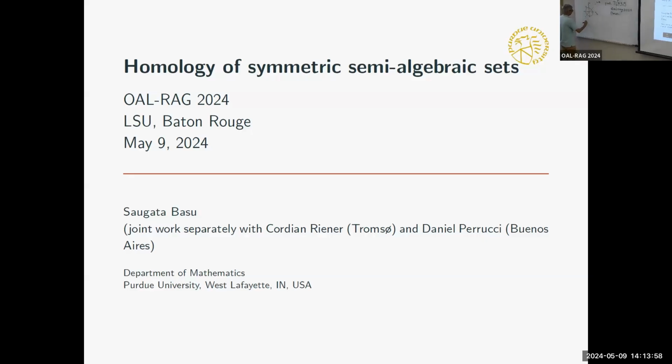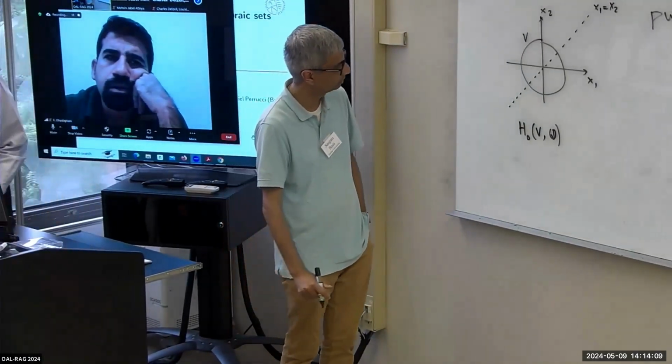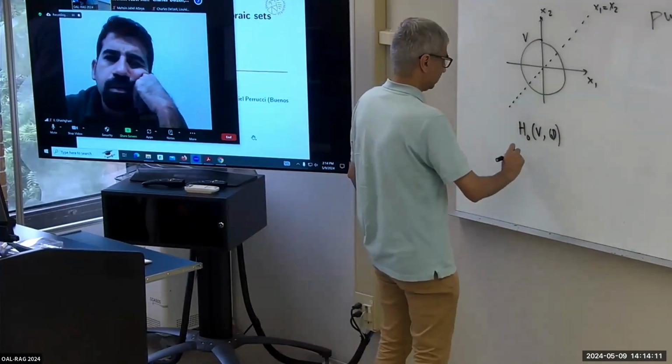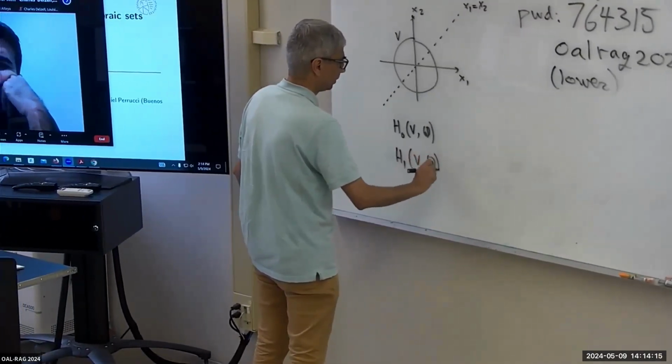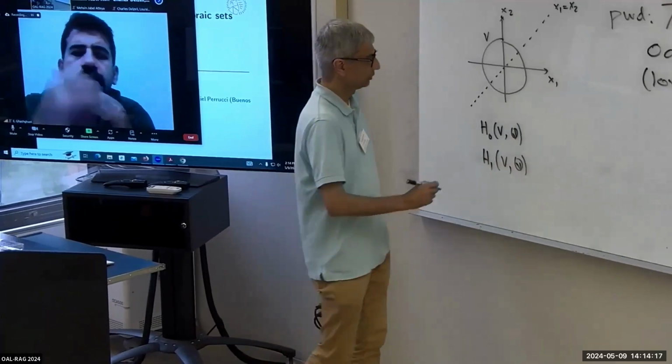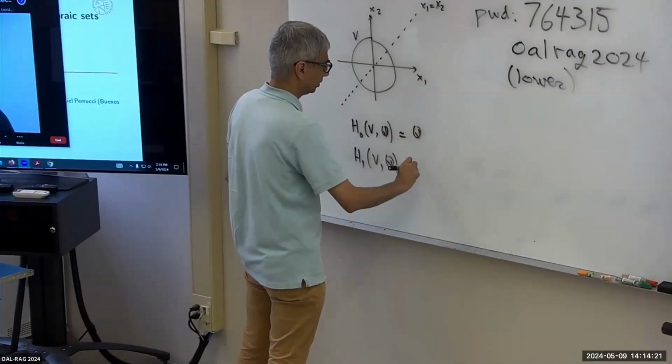Well, you don't need to remember too much about homology, but one thing is that we are going to talk about homology with rational coefficients, or coefficients in a field of characteristic 0. This set has two non-zero homology groups, and you can see that they are both isomorphic, one-dimensional.